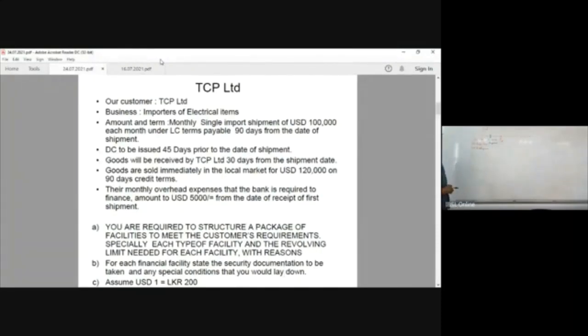So we have to issue the LC 30 days before the shipment date. 30 days, 1 month before the shipment date, because we have to give them sufficient time to manufacture the goods and to prepare the goods for shipment, right?